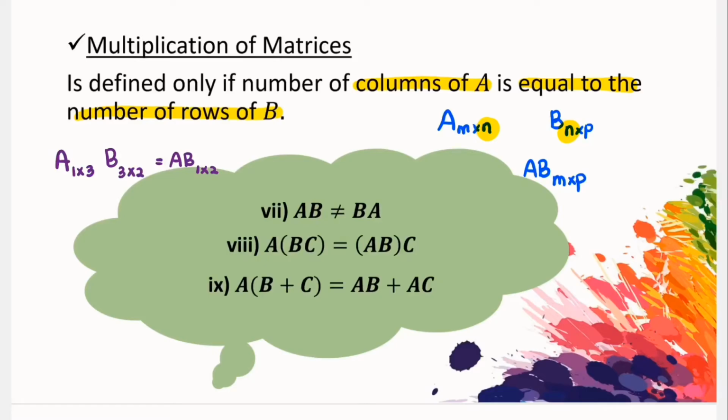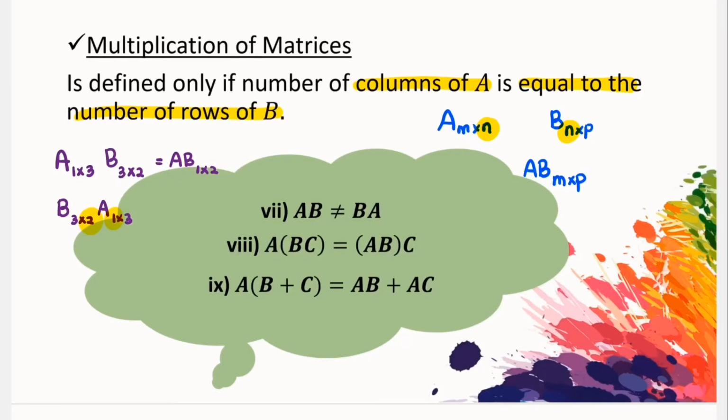However, if the number of columns in A is not equal to the number of rows in B, then the product of AB is not defined. So let's try B, which is a 3 by 2 matrix, multiplied by A, which is a 1 by 3 matrix.